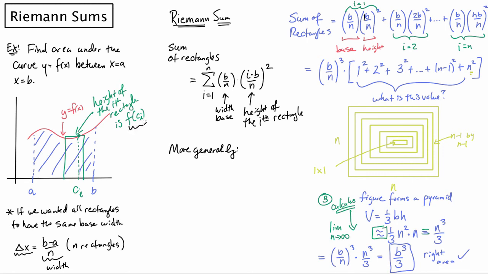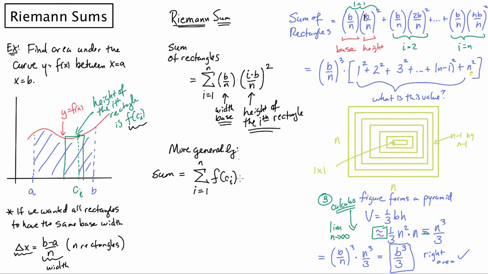We know that the height is f of ci. And so if we tried to just generally write this sum, using our sigma notation, i goes from 1 to n of, well, here was the height of the ith rectangle, and here we're saying the height of the ith rectangle is f of ci.